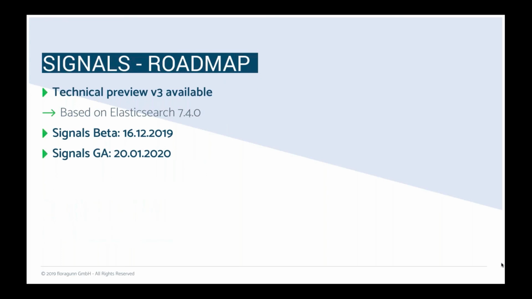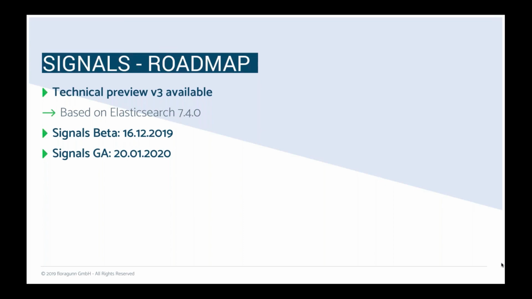Regarding the roadmap, the technical preview version 3 is already available. This is on our documentation and the versions page. You can find all the download links. It's on version Elastic 7.4.0 at the moment. And we're actually nearing the official beta of Signals, which is scheduled for the 16th of December.